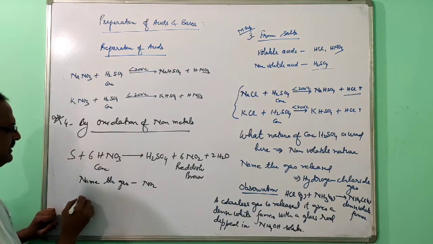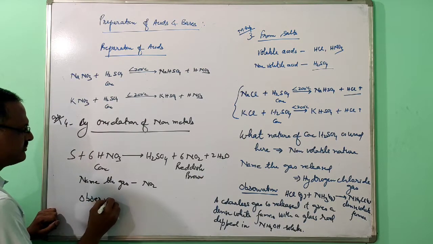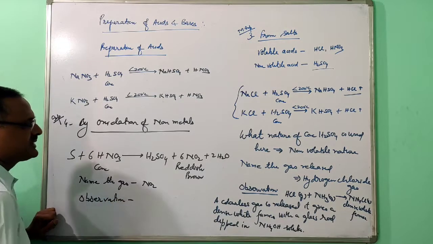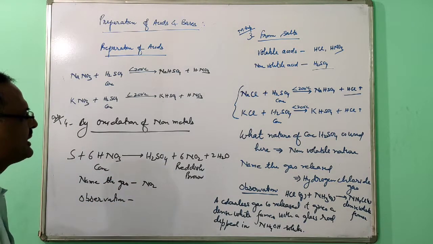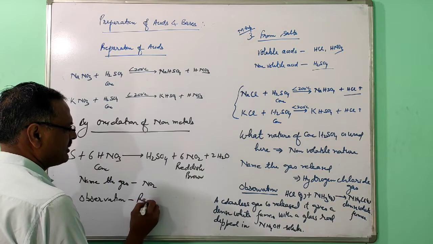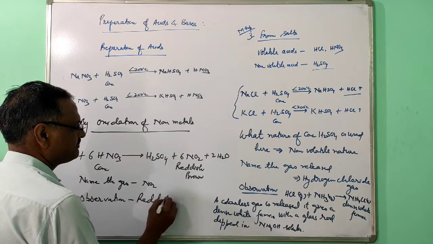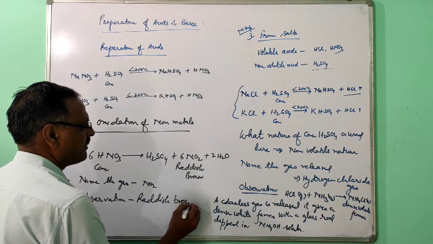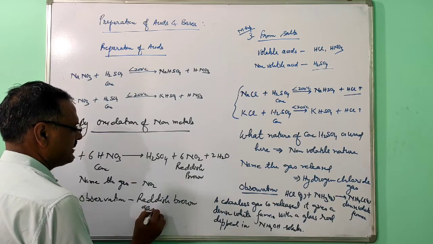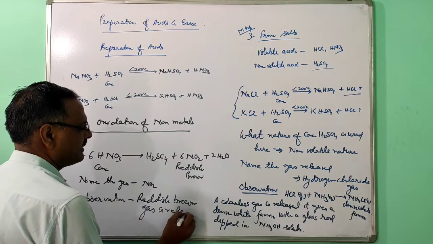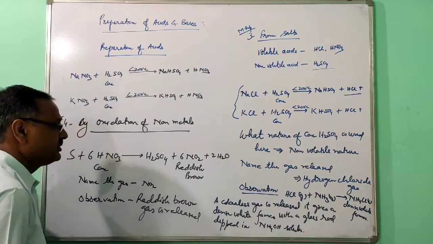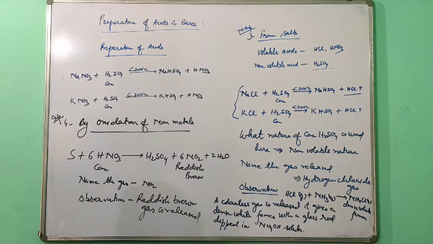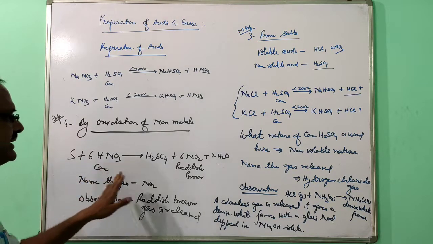So observation: what you will say, that reddish brown gas is released. This one is coming in the important category. First of all, they may ask you to give a chemical equation when sulfur is heated with nitric acid.